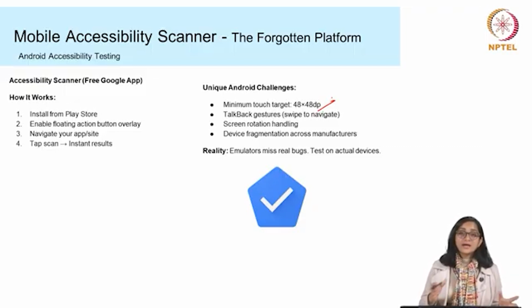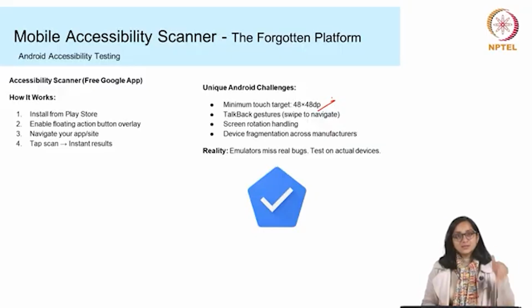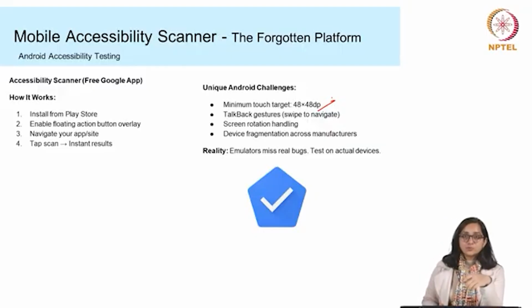So you have to have certain gestures to navigate. Instead of tab, it's actually a swipe on TalkBack for the next word to be announced, the next button or whatever the action. So in the keyboard, interaction is tab, tab, tab. But in mobile, interaction is swipe, swipe.